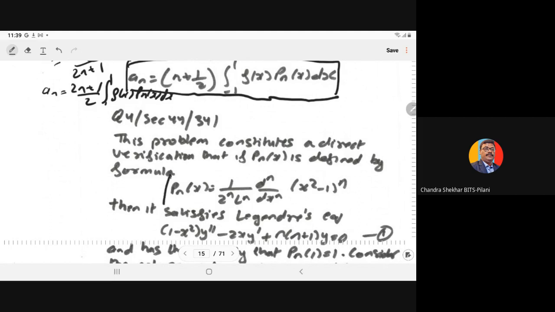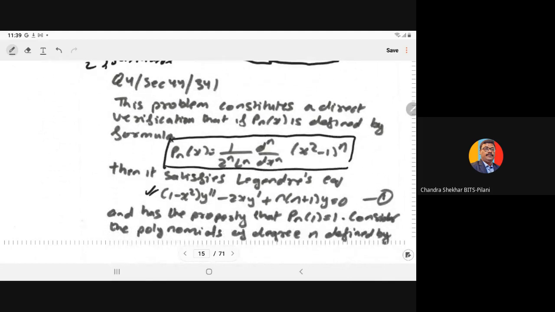That is the Rodrigues formula. If Pn(x) is defined by this formula, which we have already derived, then it satisfies the Legendre equation. Then they are saying that this Pn(x), whatever we have derived, is the solution of the Legendre equation.